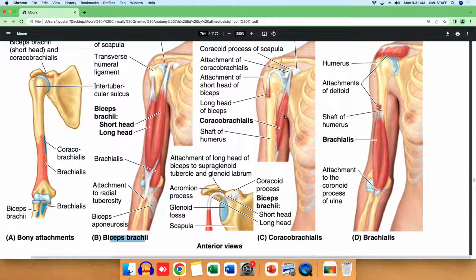You do need some fixation, so as a result, the prevention of dislocation of that joint. So these two structures will also be assisting in that function. So this is the whole idea of the anterior muscles of the brachium, so of the arm.